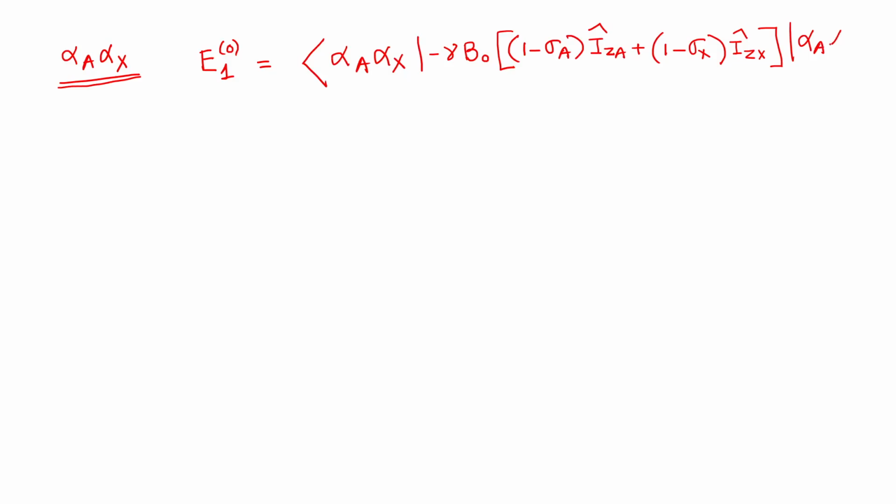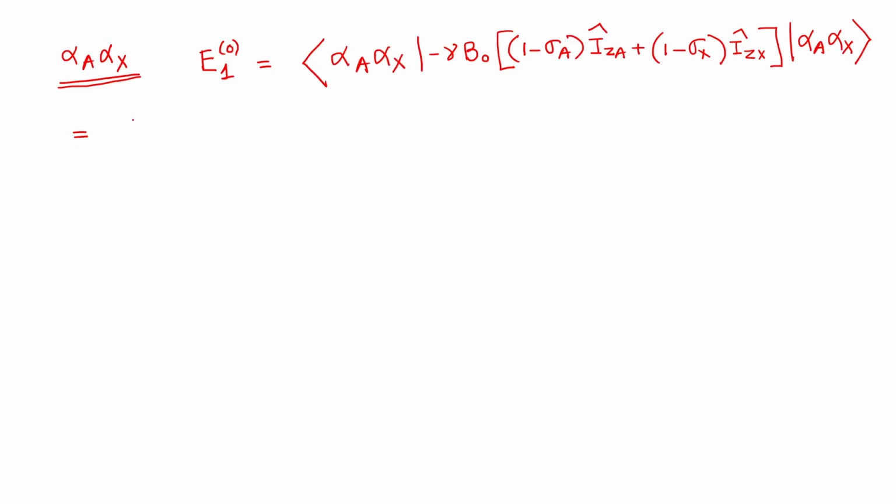In between, if you have any question, please ask. Now we can take these constants out of the integration, and this is your state. How do we proceed? We are going to operate the Z nuclear momentum operator on this.